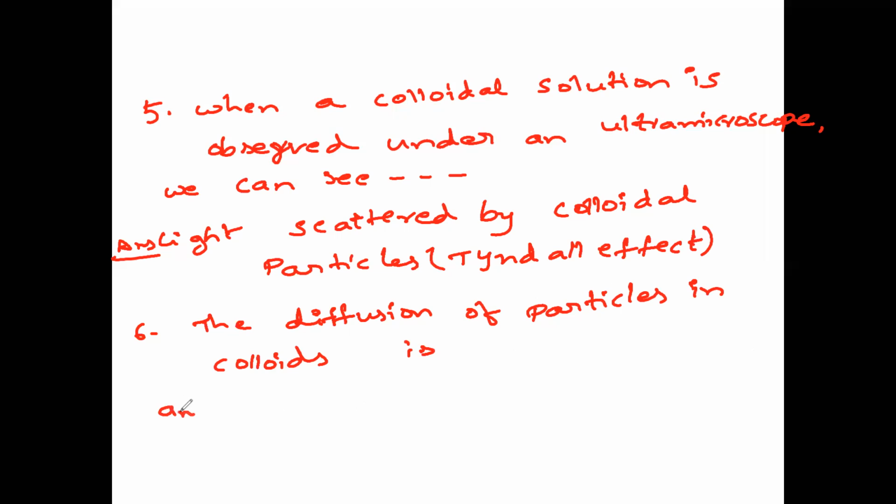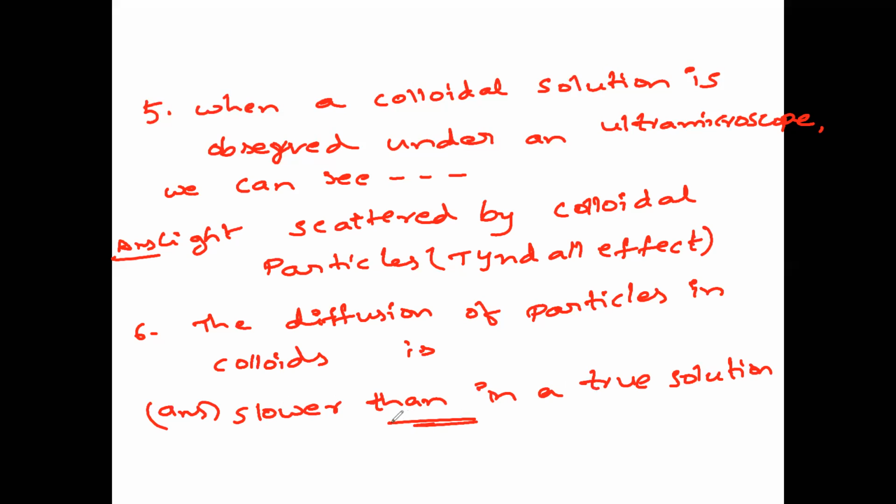For this I'm directly writing the answer because they have given four statements: rapid than in true solution, slower than in suspension, slower than in true solution, equal as in true solution. The answer is slower than in true solution. Colloidal solution movement is very, very slow when compared, and that's why colligative properties are also less. I hope it is clear.